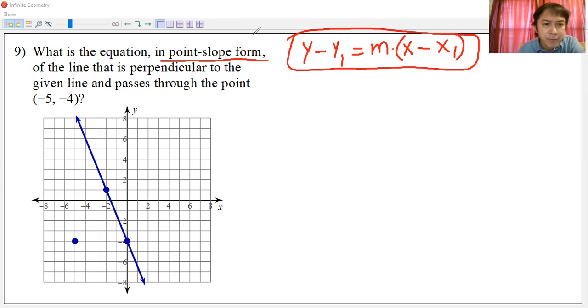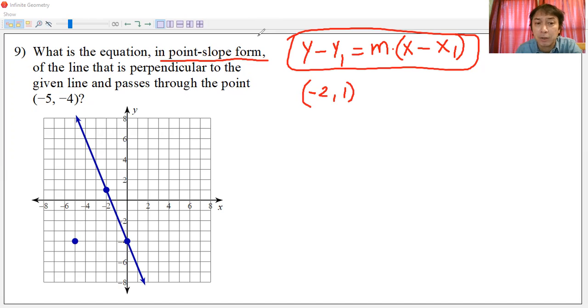So let's come up with the slope first, the slope from the given line. Let us compute for the slope first. Before we can do that, we have to get the coordinates of the two given points. One of the points, by reading, is (-2, 1), located in the second quadrant.